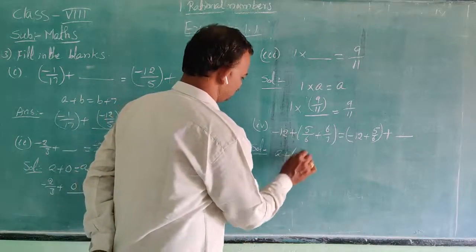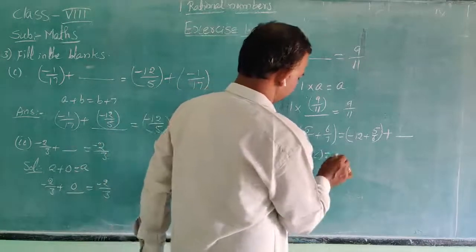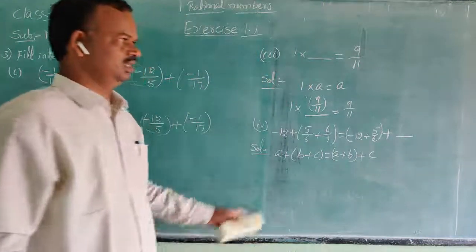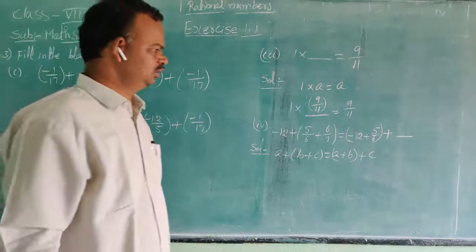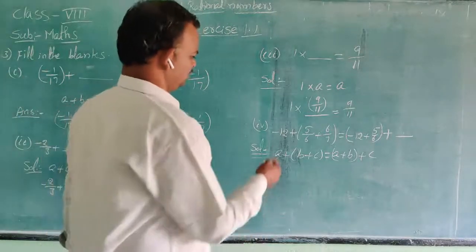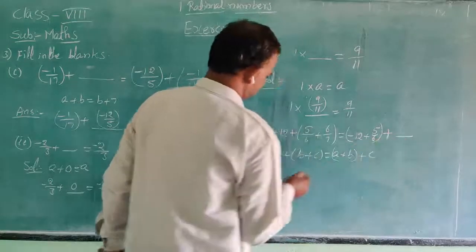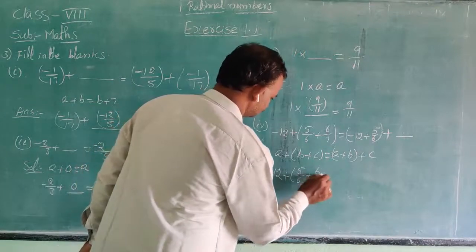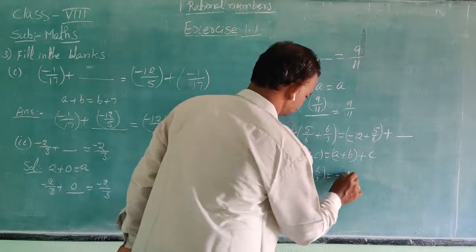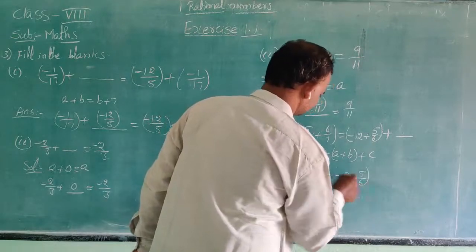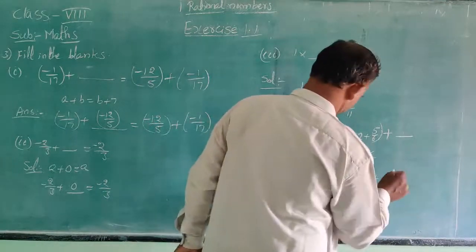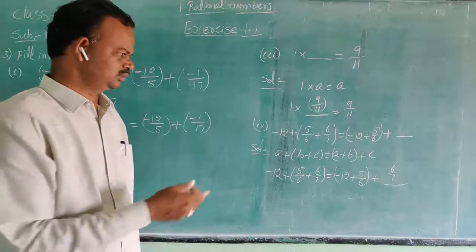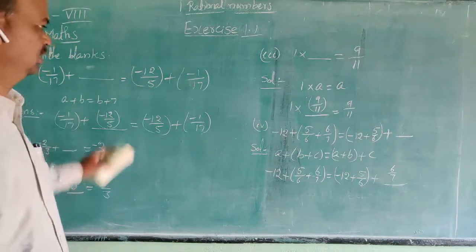Associative property means A plus B plus C is equal to A plus B plus C. Therefore, the last value is C, 6 by 7.